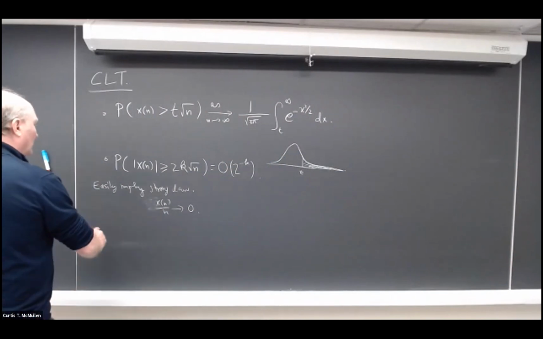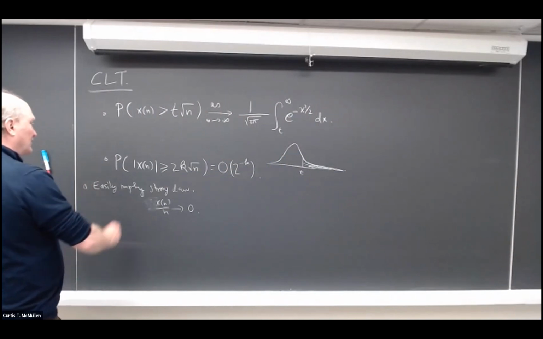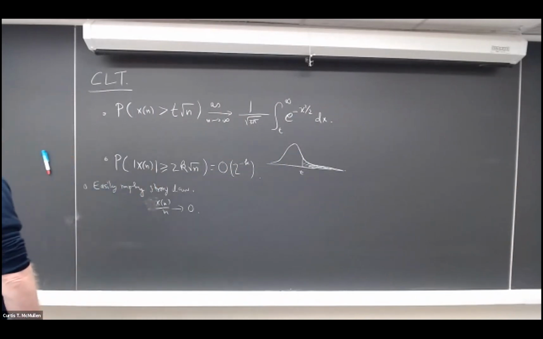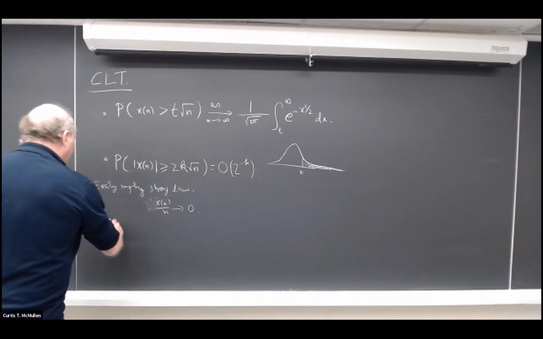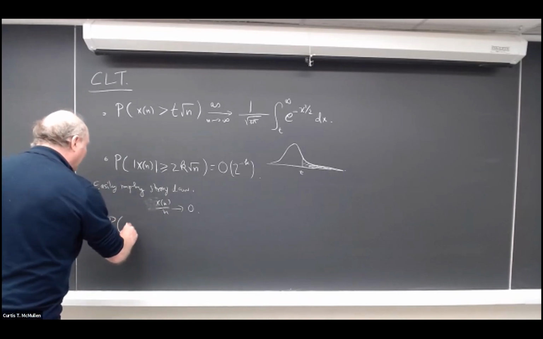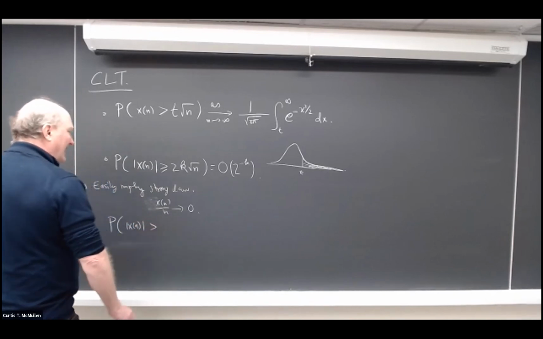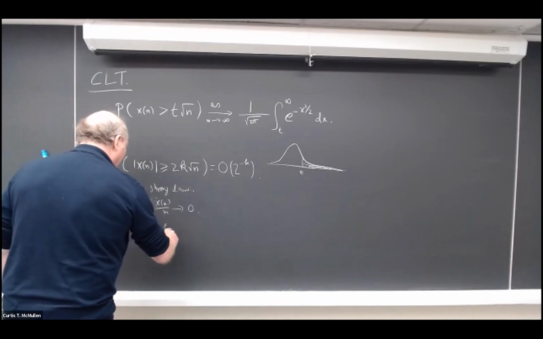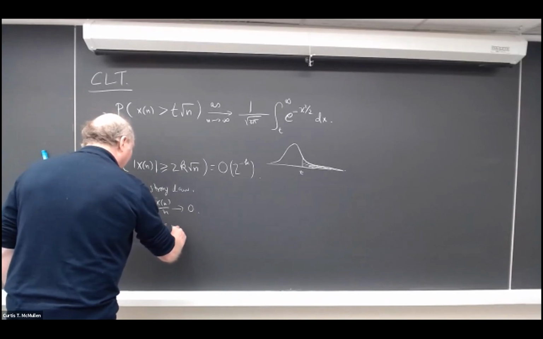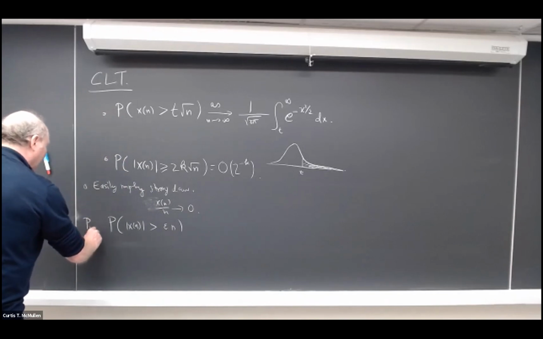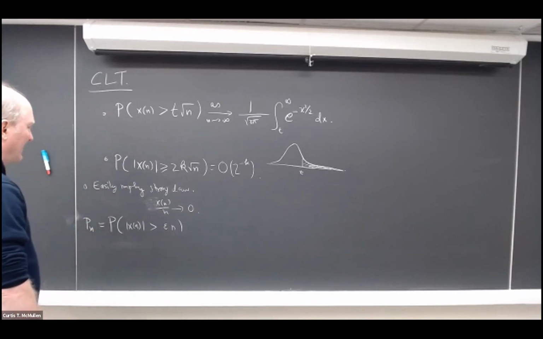So let me just explain why this is true. It's implied even by this rather weak statement here, because you see the probability that the absolute value of x of n is bigger than, say, epsilon times n, for one particular n, let's call this Pn. What can we say about that probability?